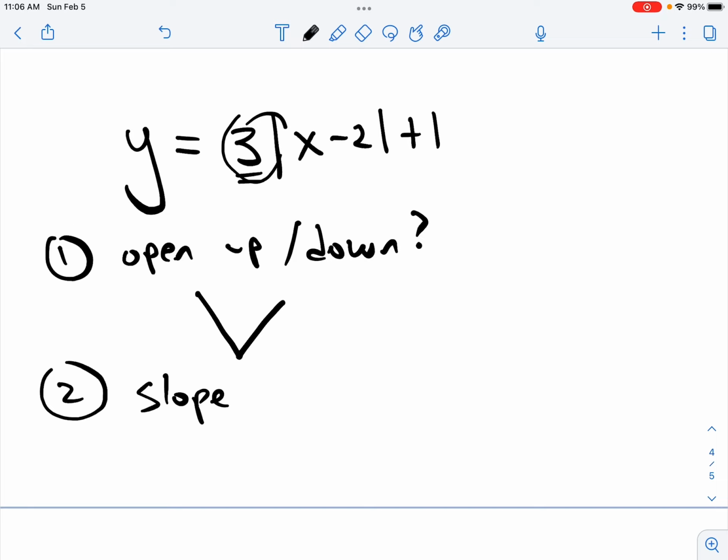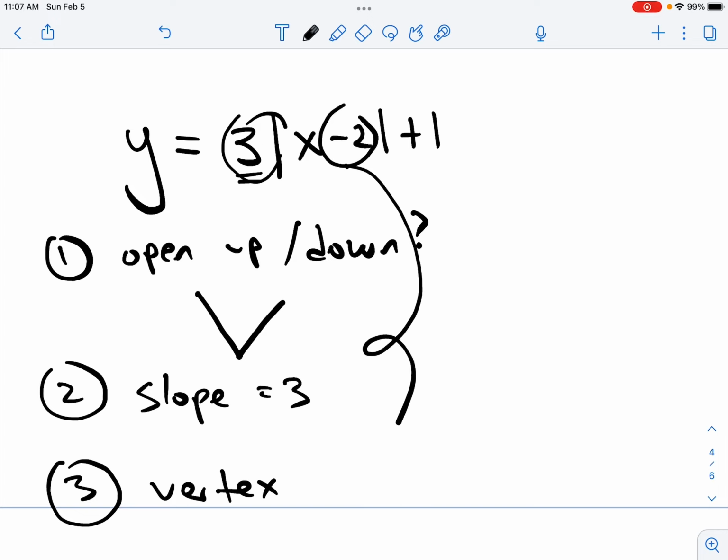Because that's 3, the slope is 3. Finally, we're going to do the vertex. Go back. We flip that sign, this one doesn't flip. So positive 2, positive 1.